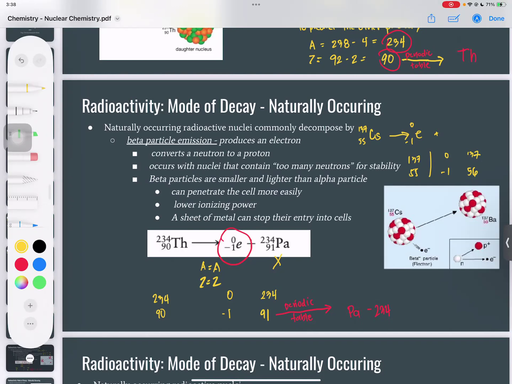If you check it in the periodic table, 56 should be barium: barium 56 and 137. If you add the mass numbers on the product side, it should equal the mass number on the reactant side, same with the atomic number.